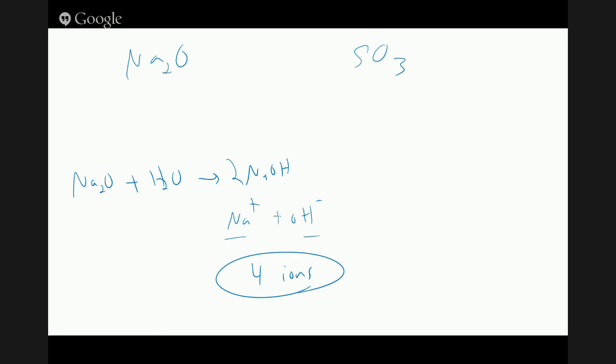For the SO3, when I add SO3 to water, I'm going to get H2SO4. And H2SO4 is going to make H plus and HSO4 minus. And this HSO4 minus is going to make H plus and SO4 2 minus.